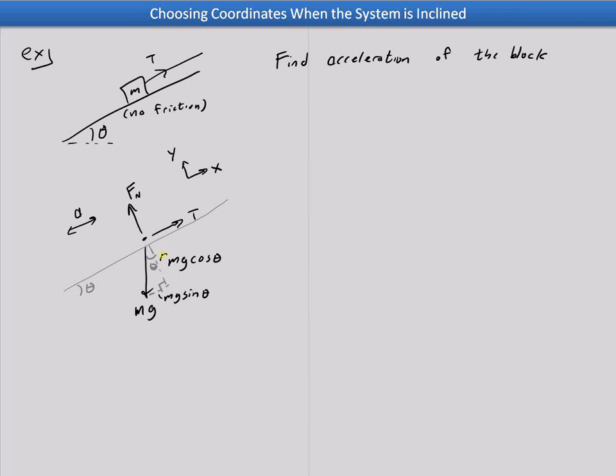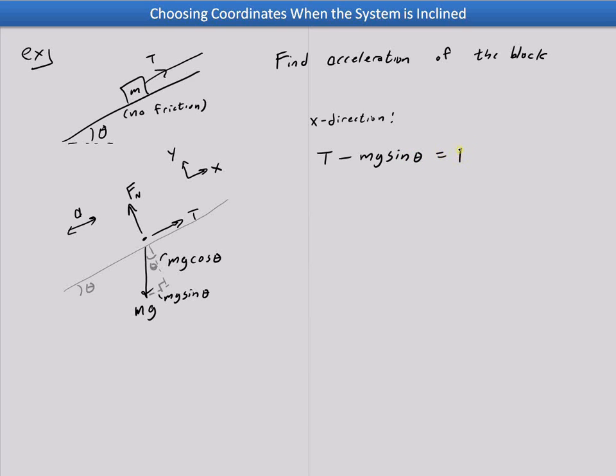All right, so now we can write down our equations. We'll have an x direction equation and a y direction equation. Now it turns out we don't really need to write down the y direction equation. That doesn't tell us anything about the acceleration because the acceleration isn't in the y direction. So to meet our goals, we only need to write down the x direction, which tells us that we have tension in the positive x direction, and in the negative x direction we have mg times sine theta.